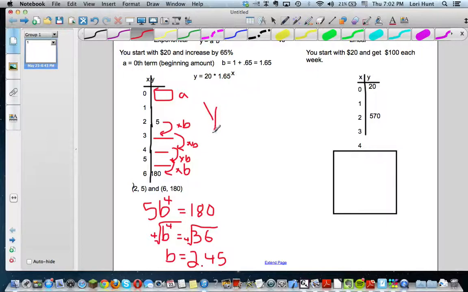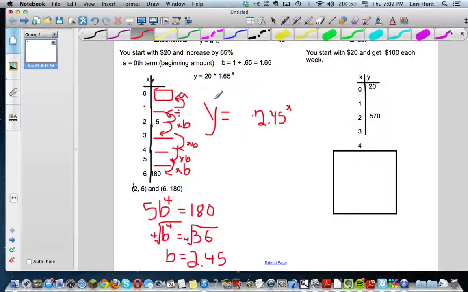So my equation is going to be y equals something, which I don't know yet because I have to figure that out, times 2.45 to the x. To find out what a is, I would take 5 and divide it by 2.45, and then divide it again by 2.45.